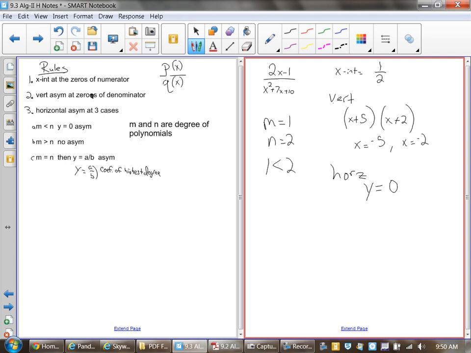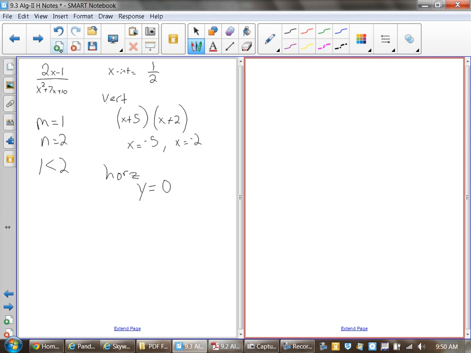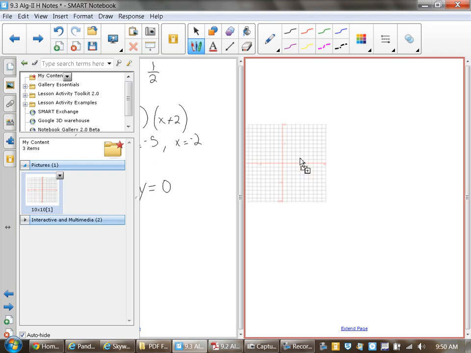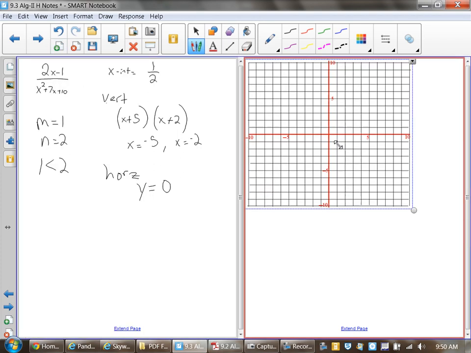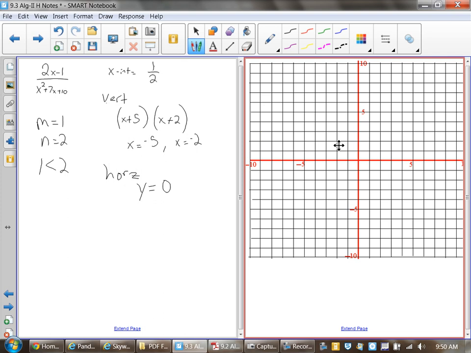If I know that I have an x-intercept at 1/2, what should I put there? Dot. Not an asymptote, you're right.